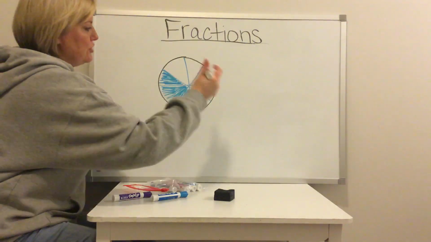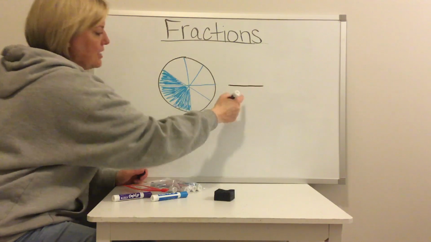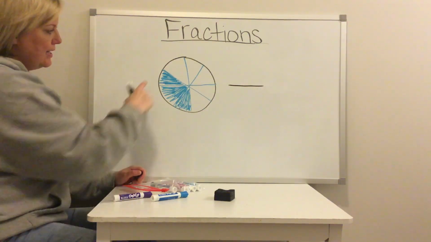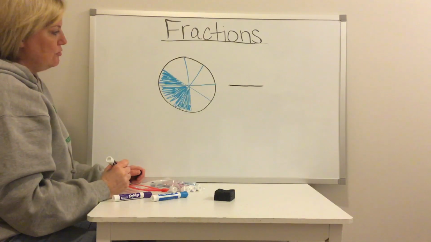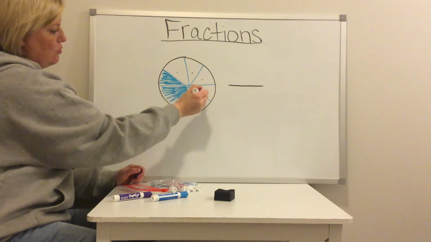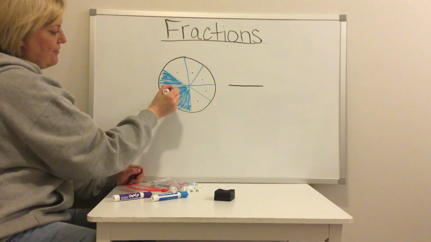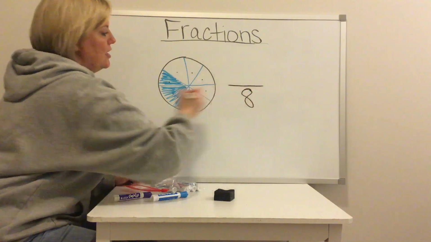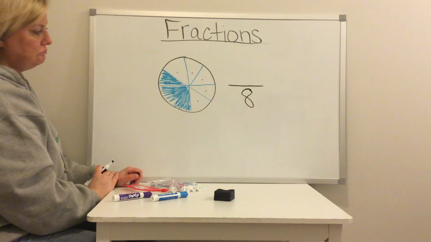So what I'm going to do is, my denominator is still going to tell me how many total pieces my figure is divided into. And it's divided into 1, 2, 3, 4, 5, 6, 7, 8. 8 total pieces. So 8 is my denominator.